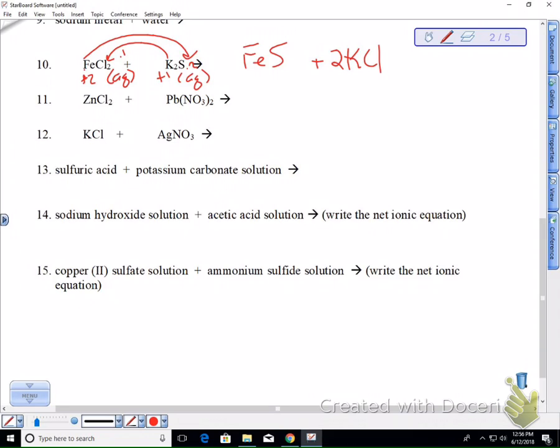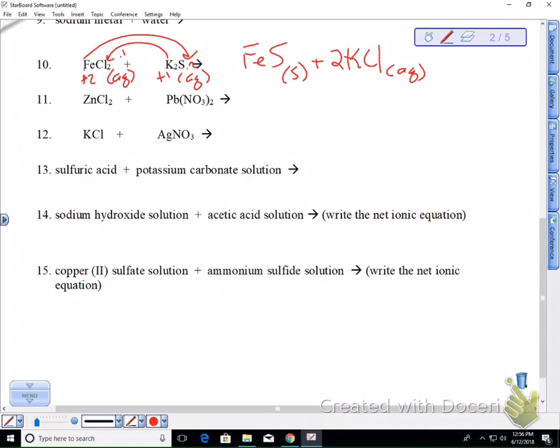KCl, we know from Cash and Gia, alkali metals are always soluble, so this is aqueous. So that is not our driving force. Now if we look closely at our Cash and Gia, sulfides are not part of it. Sulfates are, but not sulfides. So this is a precipitate, it's a solid, and there is our driving force. This reaction really is good to go.